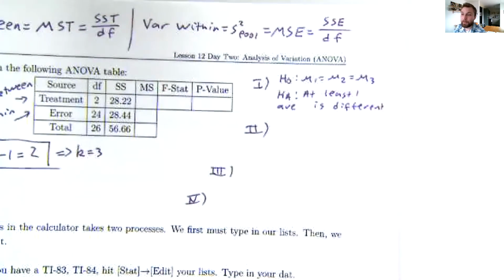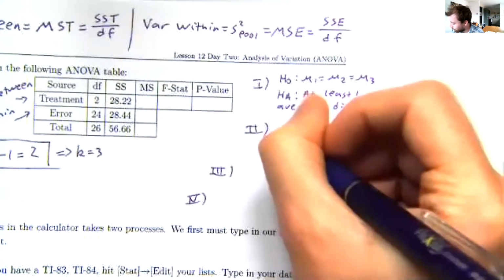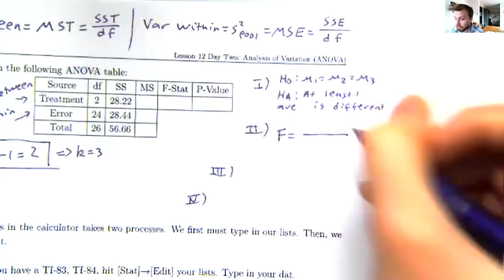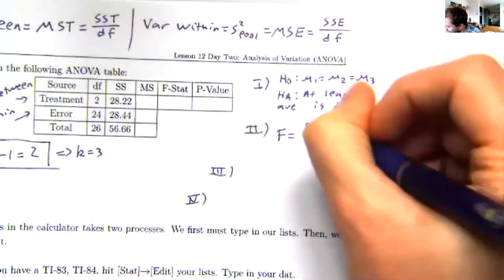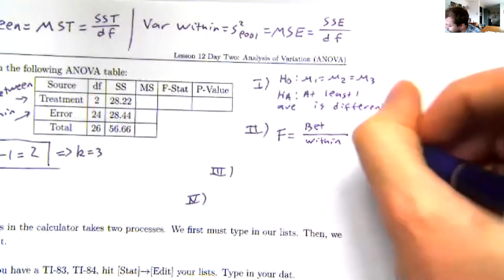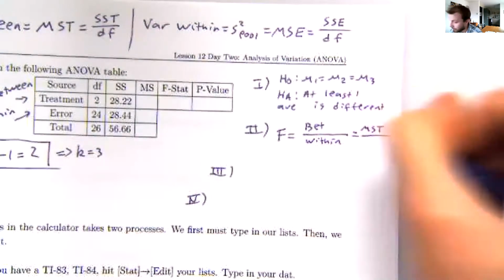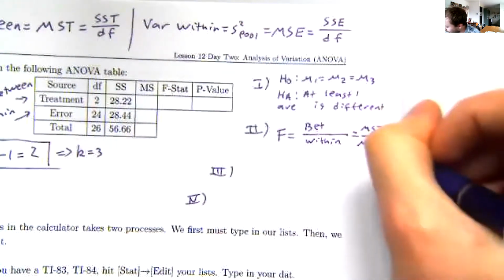I'm comparing multiple averages, so I'm going to do so using an F model. I'm going to calculate this F model by taking my variation between and dividing this by the variation within. Using this new language, I'm going to take the mean squares of the treatment, and I'm going to divide this by the mean squares of the error.